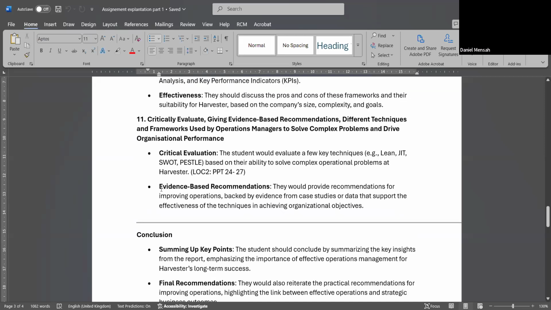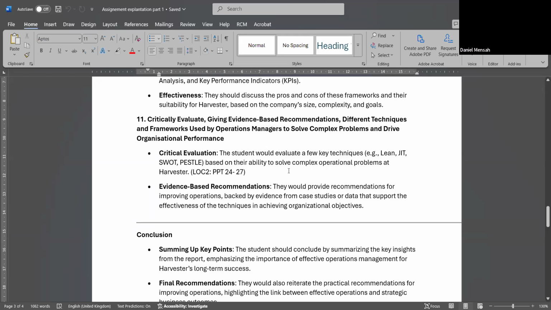Then for evidence-based recommendations, you would provide recommendations for improving operations, but they should be backed by evidence. When we say evidence, you can take examples from the case study. You can use some kind of data to support the effectiveness of the techniques in achieving organizational objectives or resolving the issue.